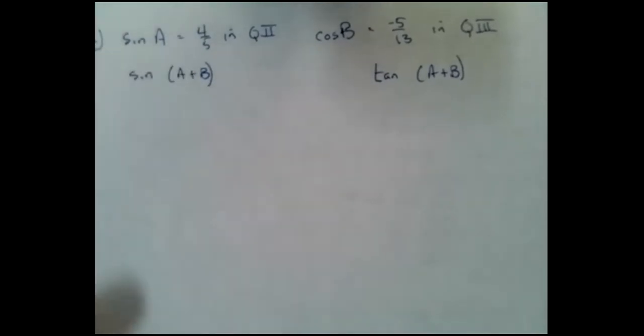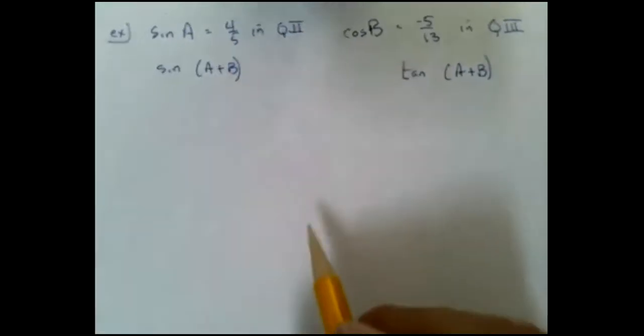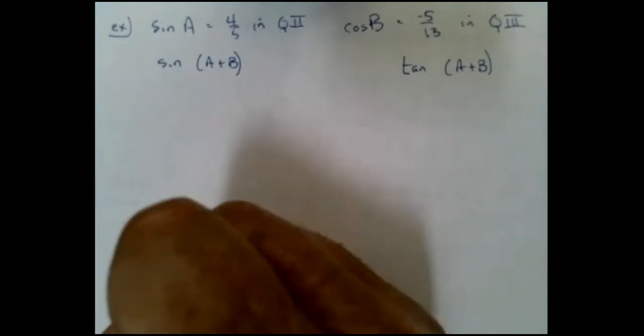Let's see if I'm going to do these two, see what happens. Sine of A equals 4/5 in quadrant 2. So in quadrant 2, here's A. The sine is going to be 4/5.